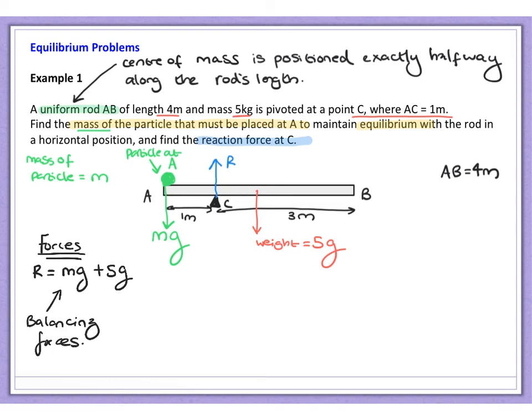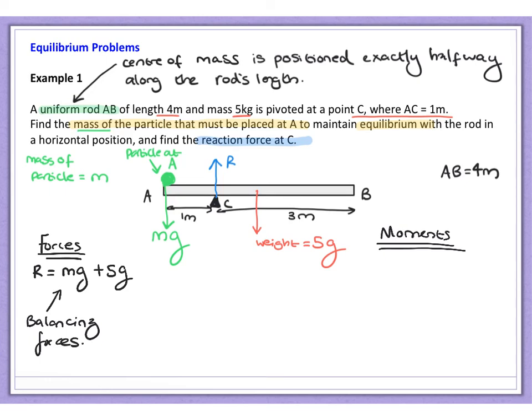The second thing that we need to consider are the moments. And that means we need to take moments about a particular point. Now, you can take moments at any point along the rod, but think strategically. Remember, if there is a force acting at a particular point that has 0 perpendicular distance from that point, it has 0 moment about that point, which means you can eliminate a force from a calculation.